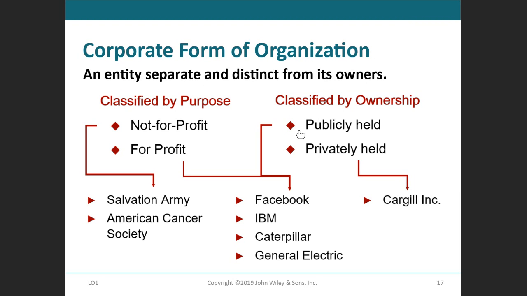You have gone to the website, you have downloaded the financial statements, so you know those are publicly traded. And the privately held companies are closely held businesses that are owned by a small group of people. You cannot buy their stock in the stock market. So they're privately held companies. Most businesses are privately held.